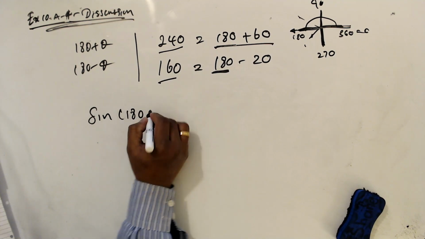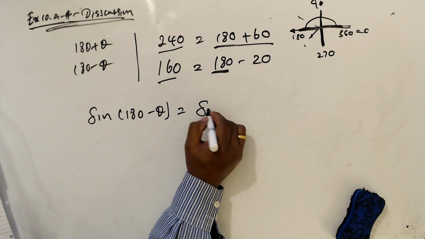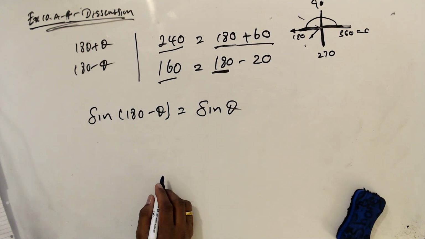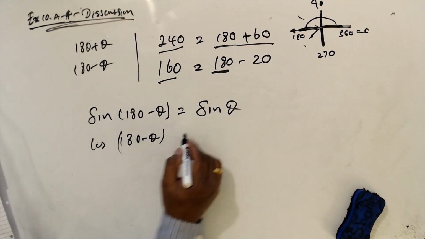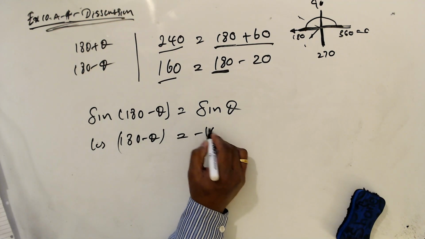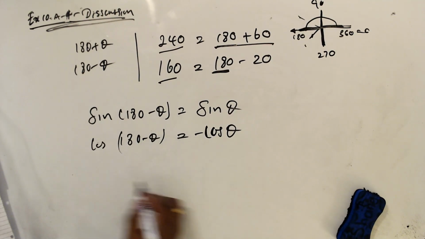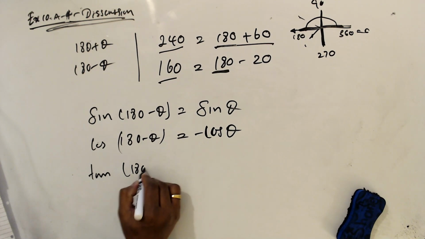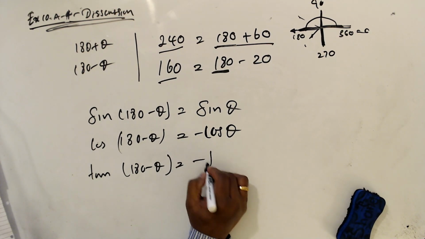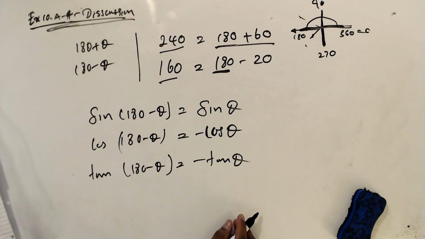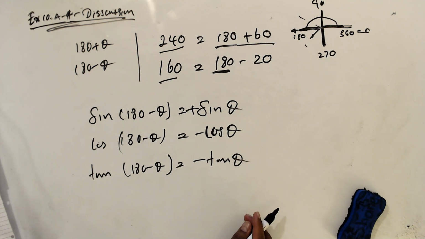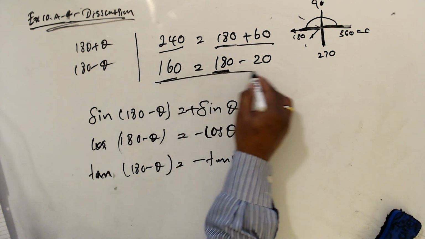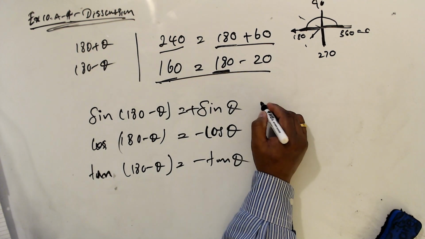Sine 180 minus 30, we can use sine 30. Cos 180 minus 30, we can use minus cos 30. Tan 180 minus 30, we use minus tan 30. Actually, let me write this: plus sine 30, minus cos 30, minus tan 30. For example, you can see this one, 160.